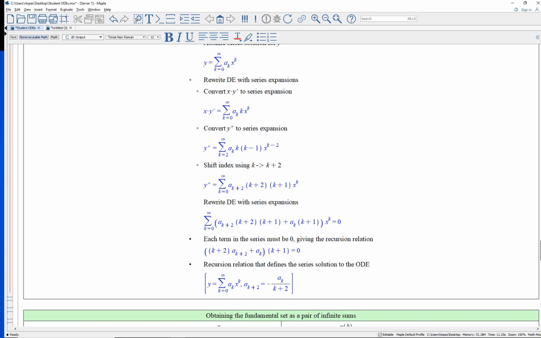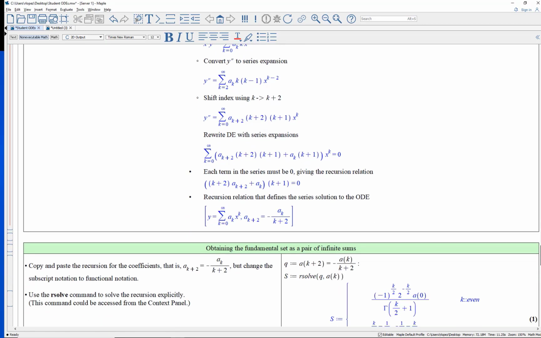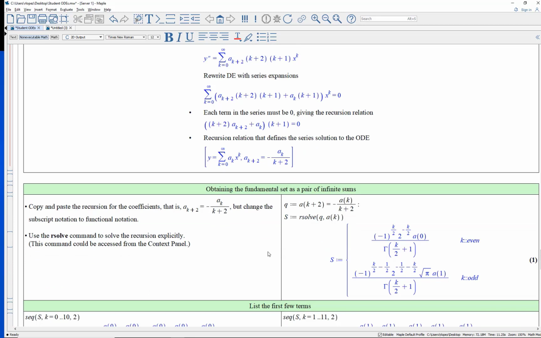Well, can we take this recursion relation further? So let's take a look. Grab this recursion relation, control drag it, bring it down here, give it a name, and apply Maple's solver for recurrence relations.